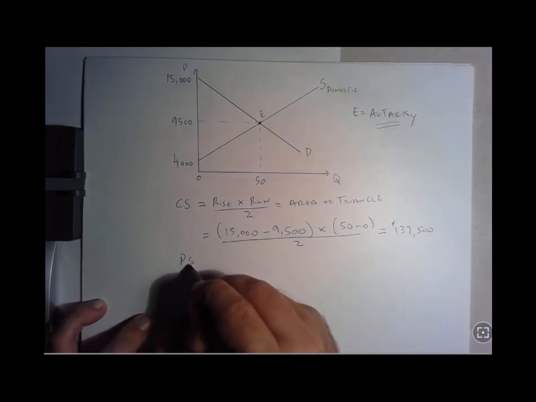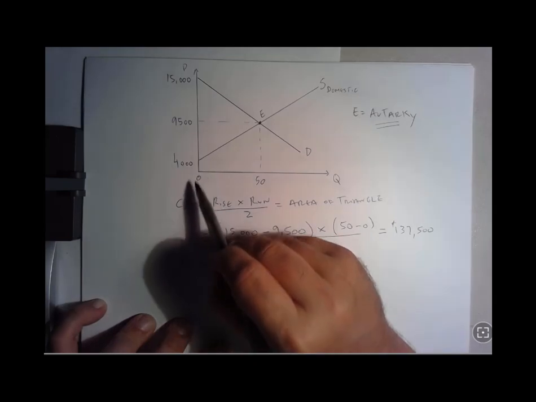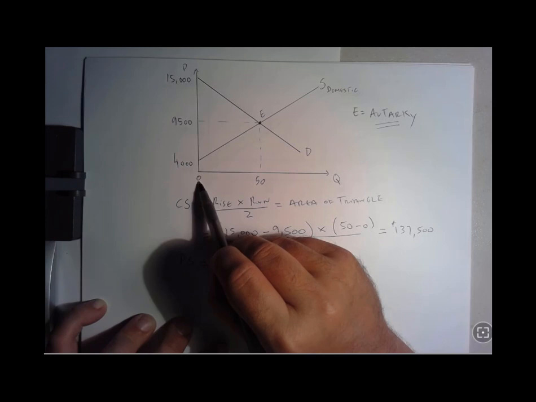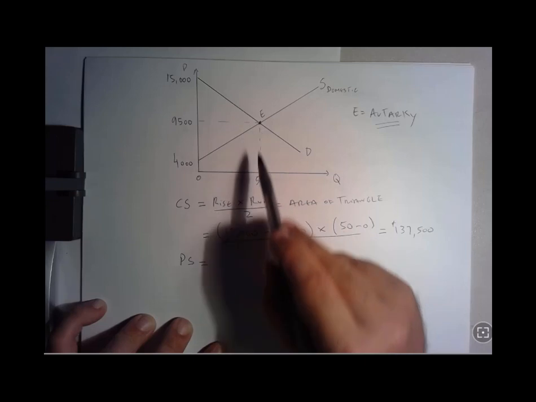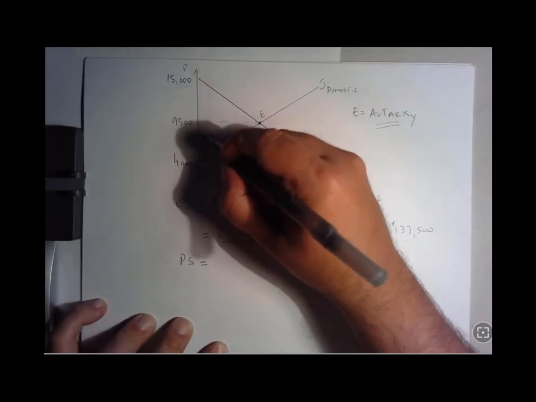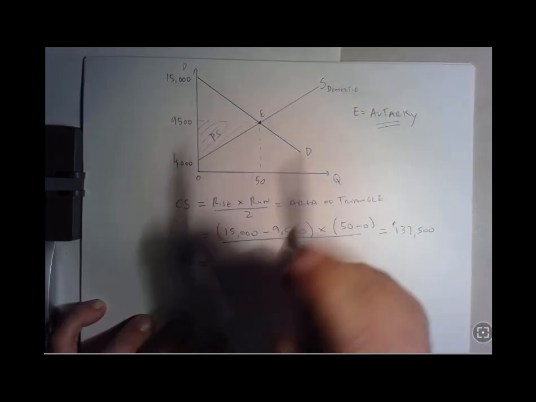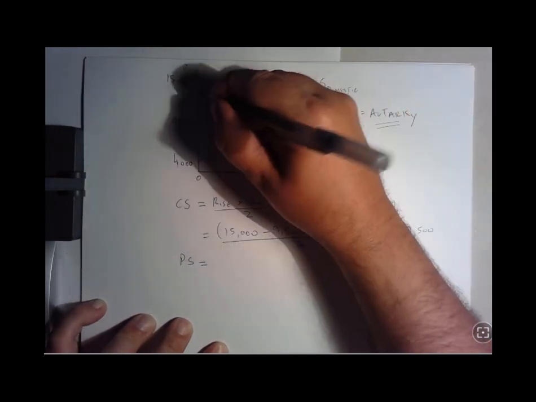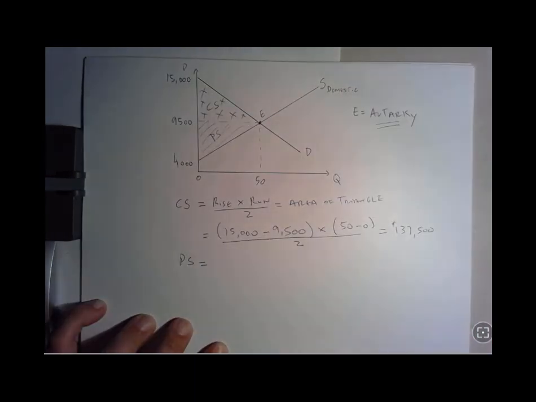Then the producer surplus, following a similar rationale, is the area bounded by the minimum price the suppliers would be willing to accept for the first unit introduced in the market, and how much they are actually paid, so the rise. And then the run is the quantity that they actually sell. So this here is the producer surplus, and what we just computed was the consumer surplus.